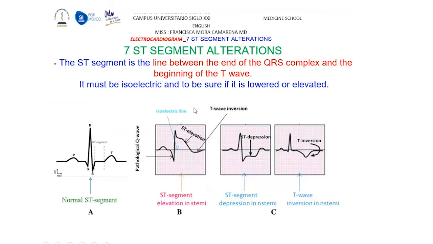Also, just remember that we should consider the ST segment alteration, which is the line between the end of the QRS complex and the beginning of the T wave. It must be isoelectric, it means it must be flat, and we must be looking for any lowering or elevating situation.